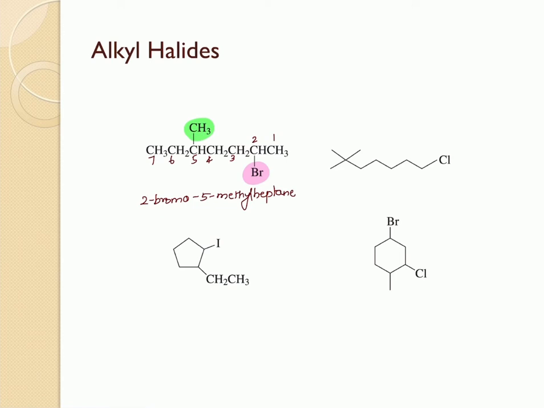Let's go on to the next one. We're going to again find the longest carbon-carbon chain. Our longest carbon-carbon chain has a total of 7 carbons in it, so it should be named heptane. And what are the substituents? We have a chlorine and we also have 2 methyl groups. Now which direction are we going to go in? We're going to go from right to left.